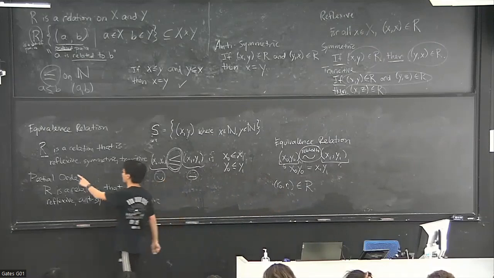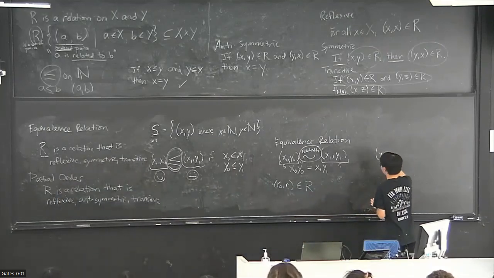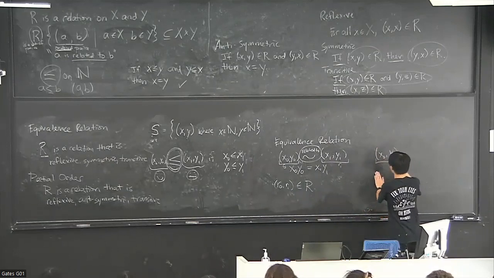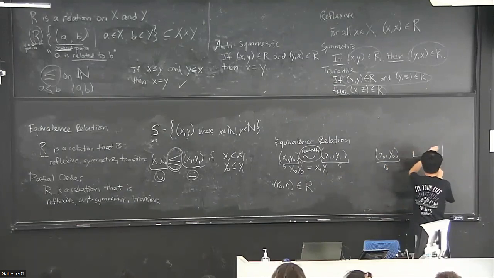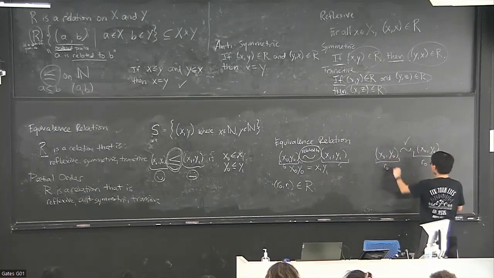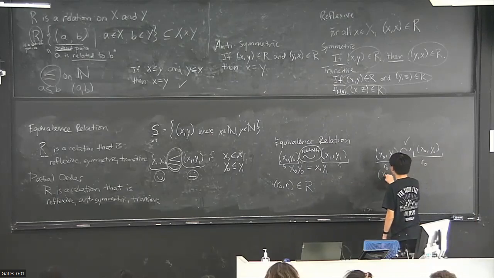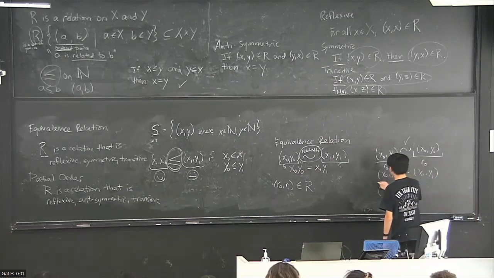You can show that it's reflexive because for this first pair R0, and another R0, are these two related? They're related because the product is equal to this product. Symmetric: I know (x0, y0) is related to (x1, y1). If I know this, do I know this?